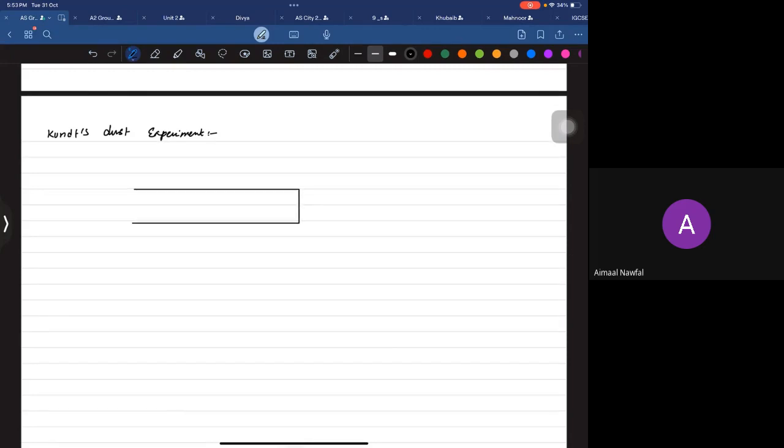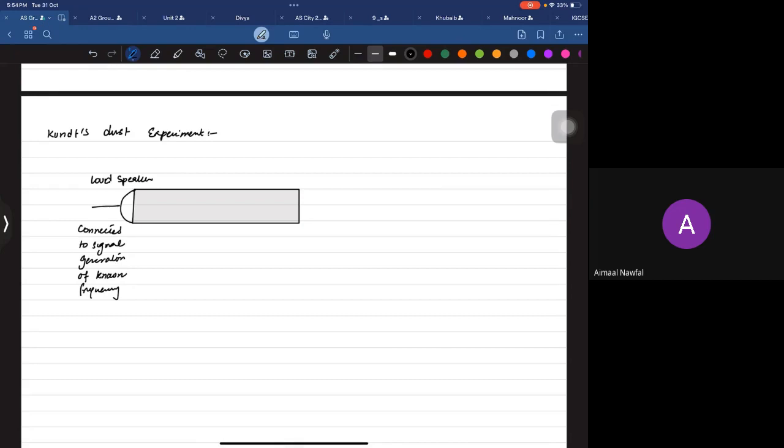So let's suppose the pipe is like this, and then you put a loudspeaker like that. This is a loudspeaker connected to a signal generator of known frequency. All right.